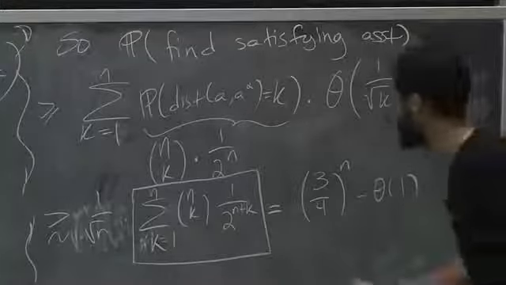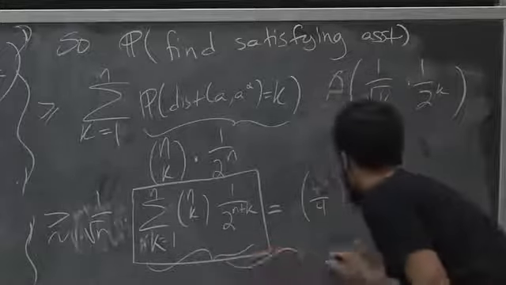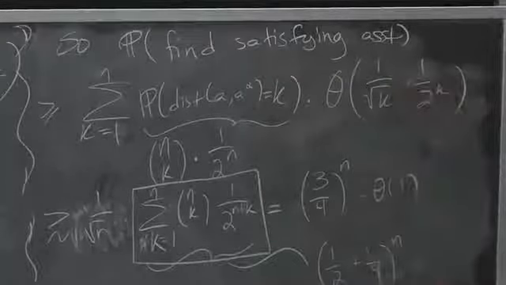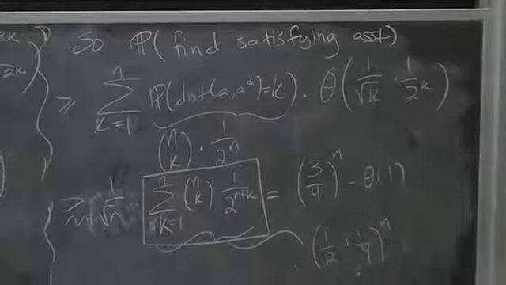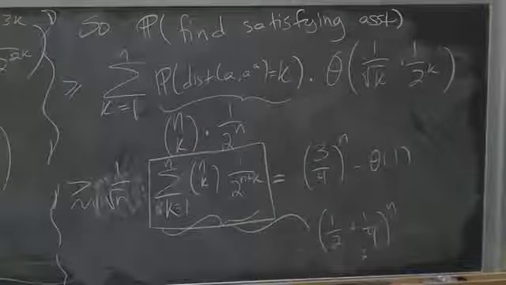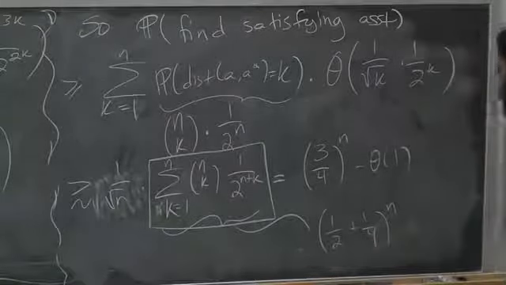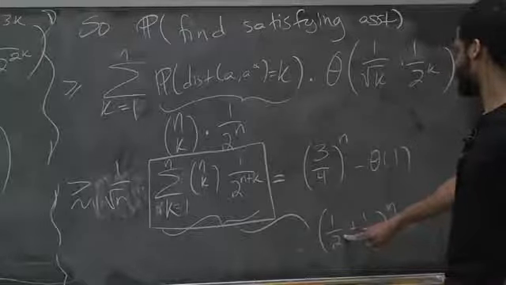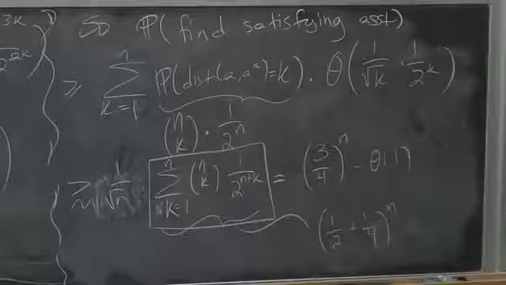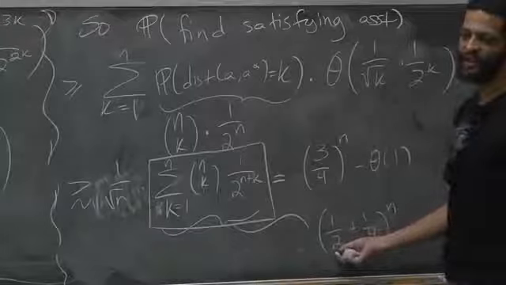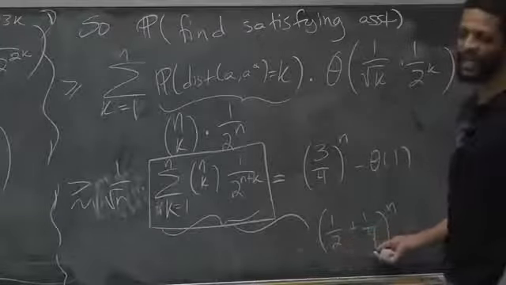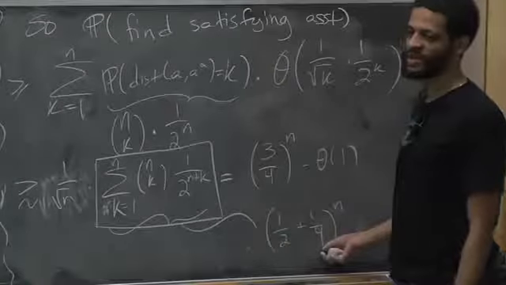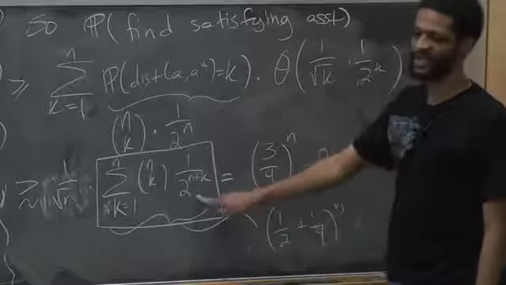Yeah, so basically, just look at 1/2 plus 1/4 to the n and expand it. What do you get? You can choose to get the 1/2 n minus k times, and then the 1/4 k times. So 1/2 to the n minus k times 1/4 to the k is exactly 1 over 2 to the n plus k.